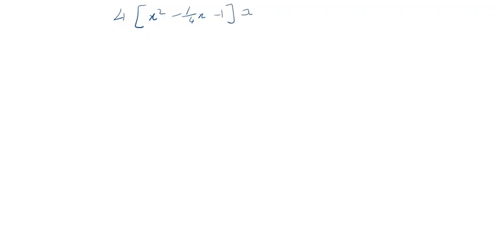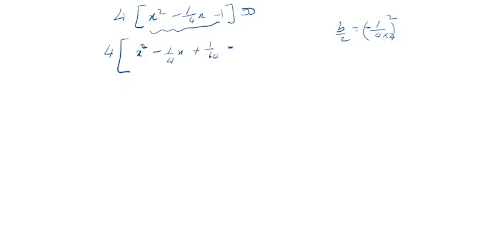So first we fix this up. Remember I'm adding b by 2 whole squared. Here b is minus 1 by 4, so b by 2 will be minus 1 by 8. Squaring it, I will get 1 by 64. So x squared minus 1 by 4x plus 1 by 64 minus 1 by 64 minus 1 is equal to 0.